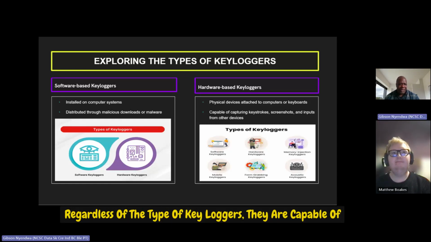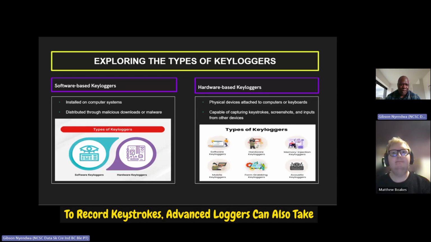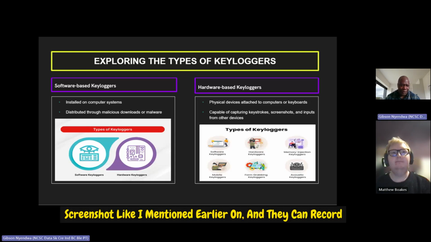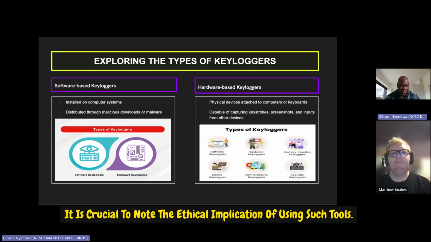Capturing capabilities: regardless of the type of keylogger, they are capable of capturing a wide range of data, while their primary function is to record keystrokes. Advanced keyloggers can also take screenshots, like I mentioned earlier on, and they can record inputs from other connected devices, providing a more comprehensive service. It is crucial to note the ethical implications of using such tools.